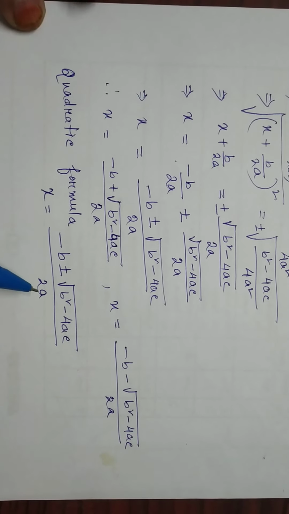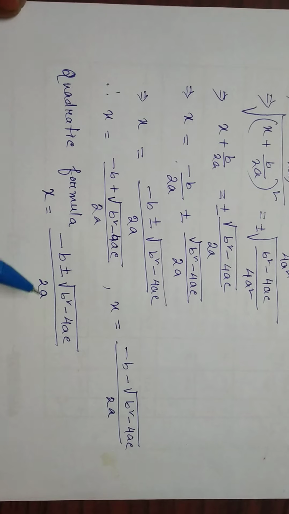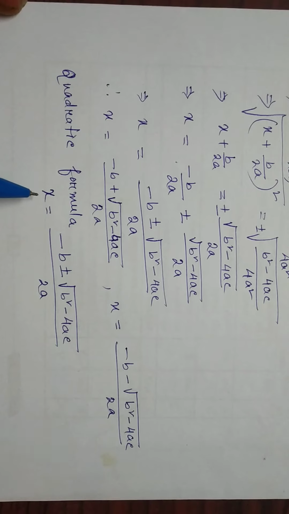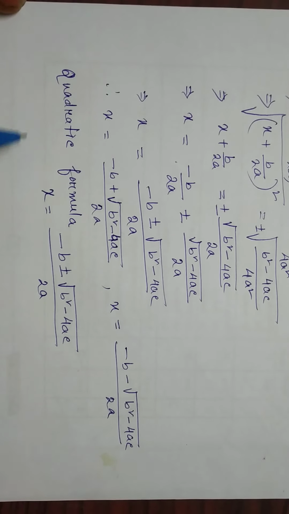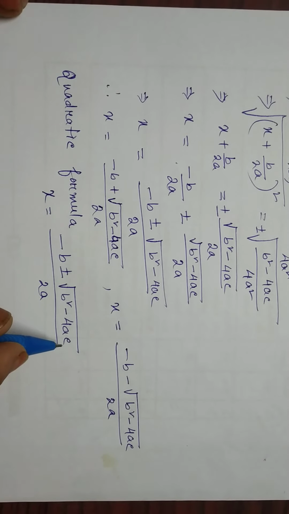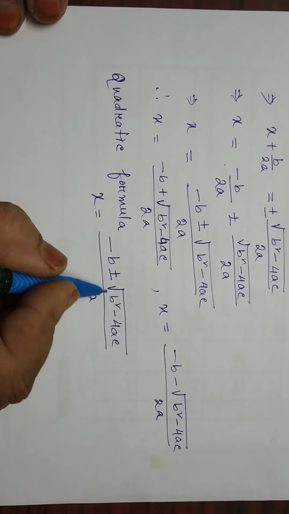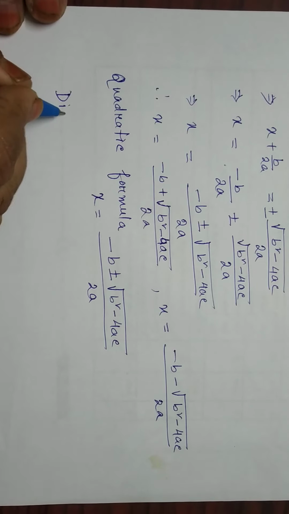That means if we know the values of a, b, c, meaning the coefficient of x square, coefficient of x and the constant term, then we put the values of a, b, c in this formula and we will get the value of x. Here plus minus means two roots are there, two values of x, and this is known as quadratic formula. And here b square minus 4ac, we have to find this value, b square minus 4ac, known as discriminant.